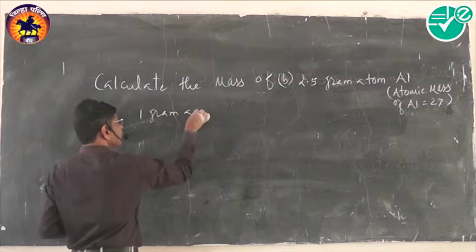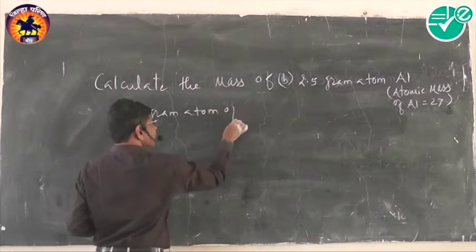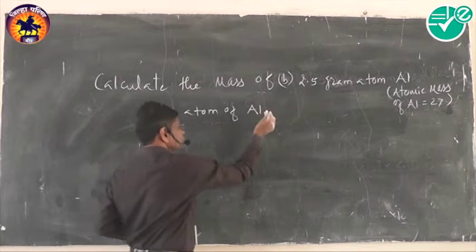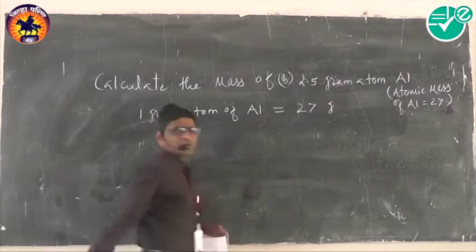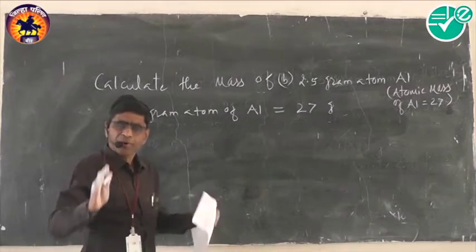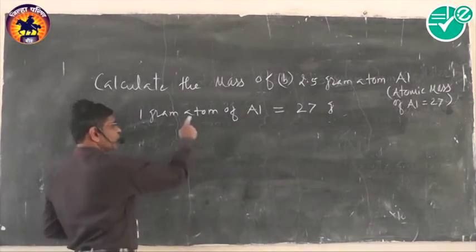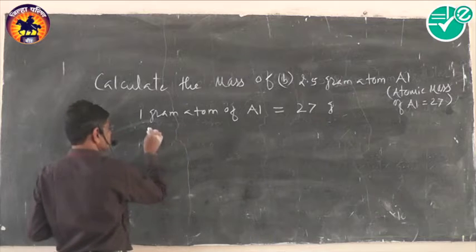1 gram atom of aluminium is equal to 27 gram, because 27 is the atomic mass of aluminium, and so 1 gram atom of aluminium corresponds to 27 gram.